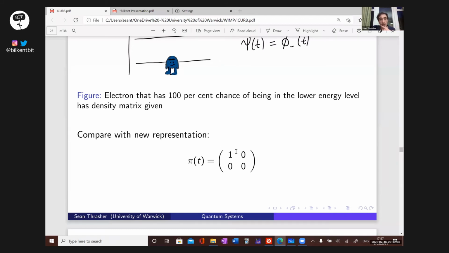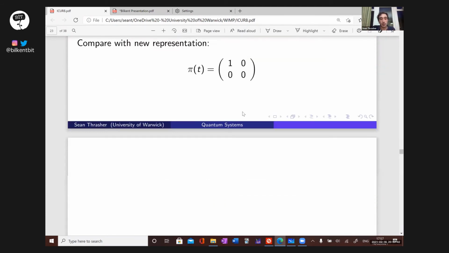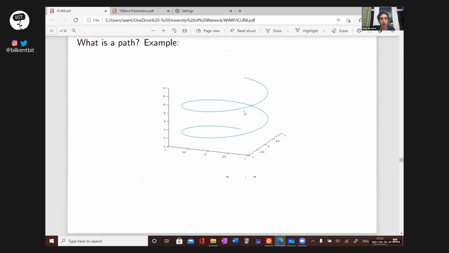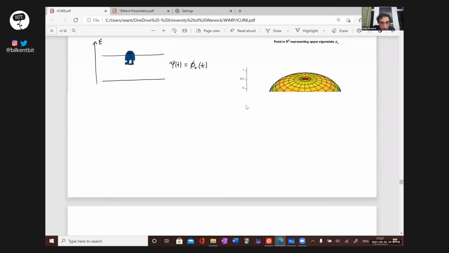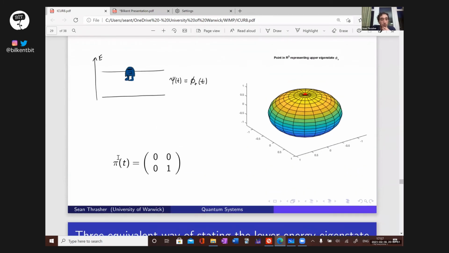This matrix has certain coordinates, and by doing some math magic, you can completely concretely describe the situation where the electron is in the upper level with 100% probability.